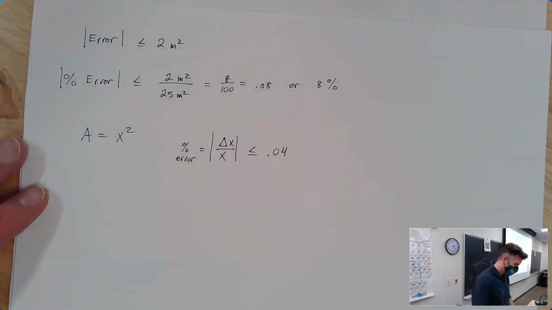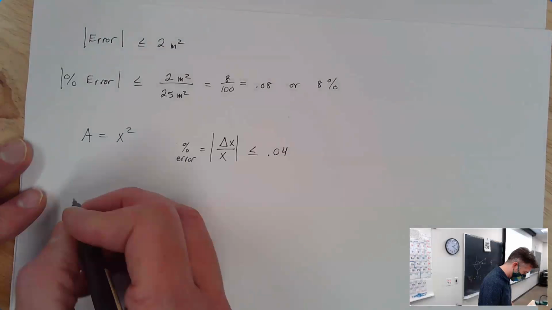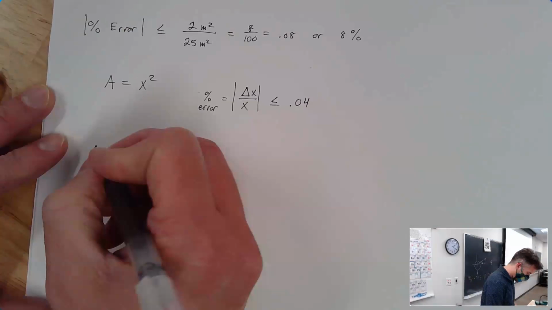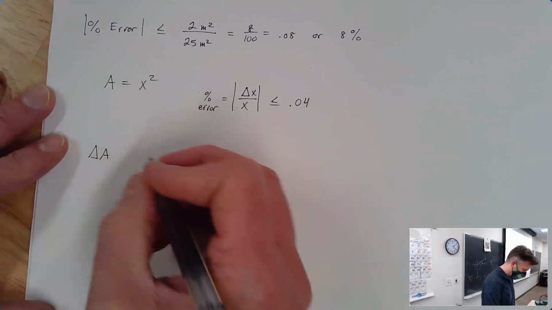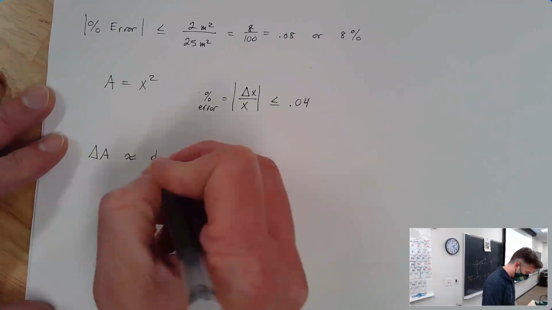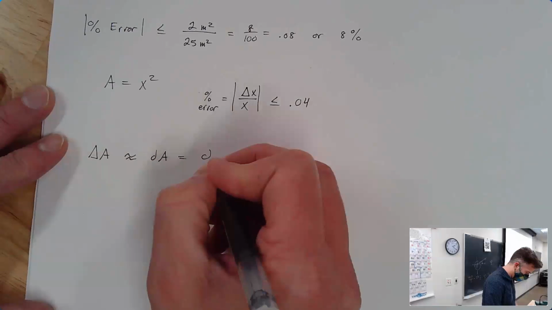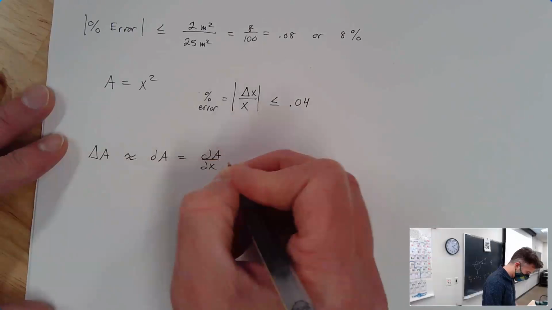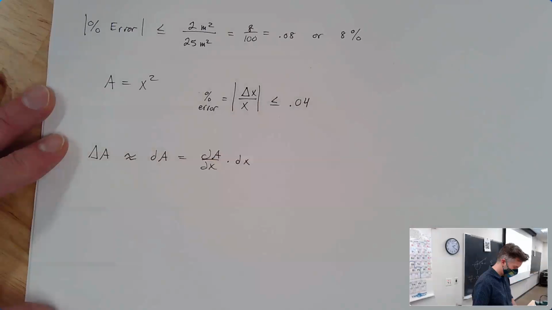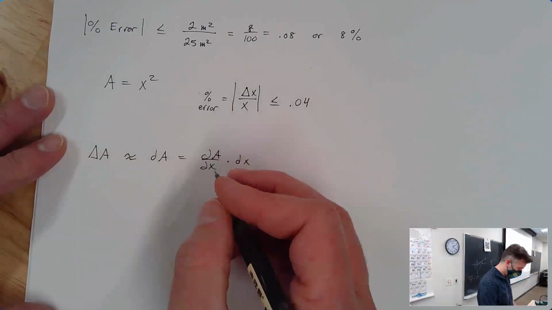We're going to go back to our differential and say, well, okay, the error in A is approximately the differential of A, which is dA/dx times dx. The dA/dx is the derivative.